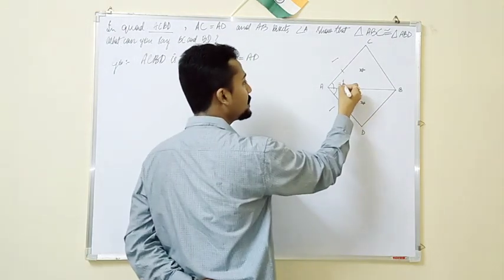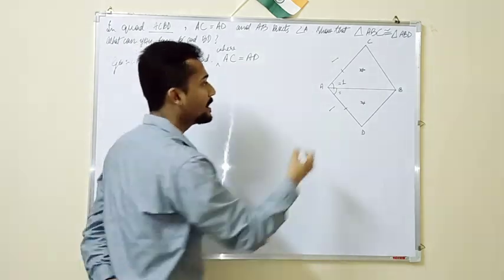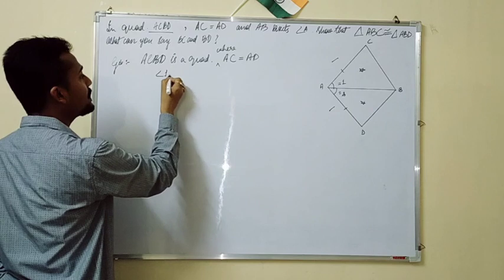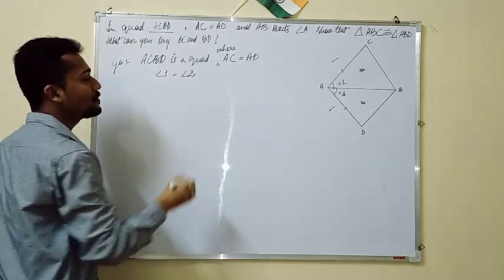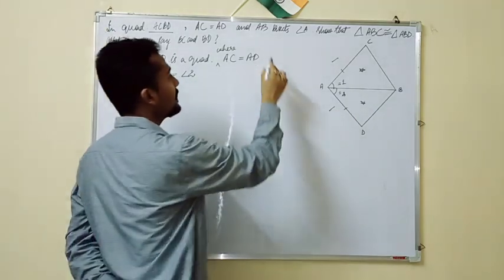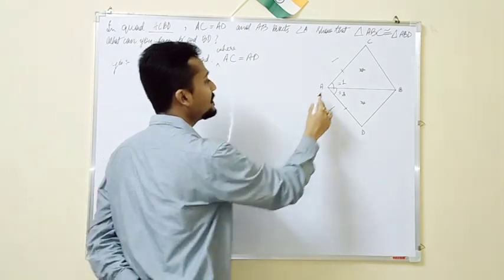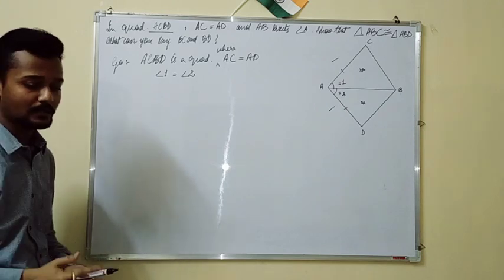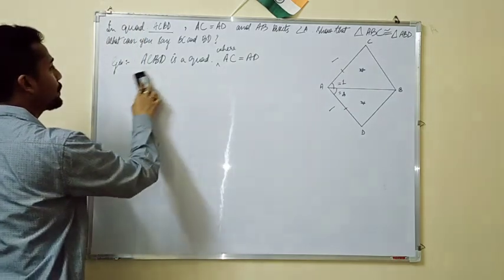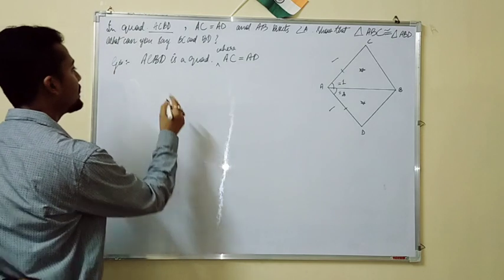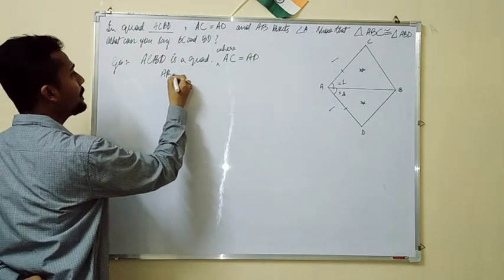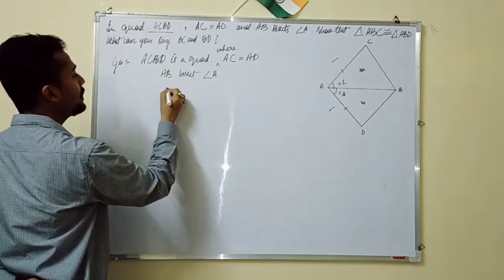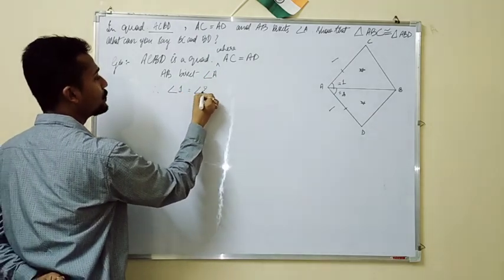If I mark this particular angle as angle 1 and this particular angle as angle 2, then angle 1 will be equal to angle 2, isn't it? This is also given. If you want to write in a more proper manner, you can write: since AB bisects angle A, therefore angle 1 is equal to angle 2.